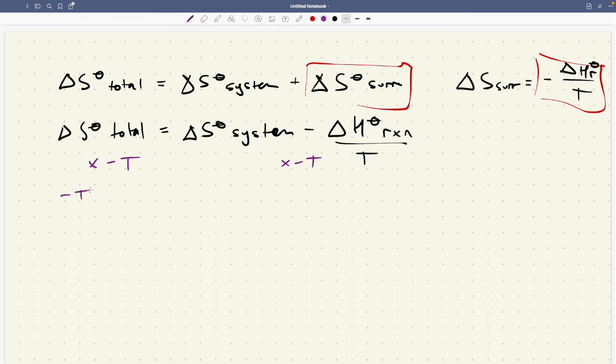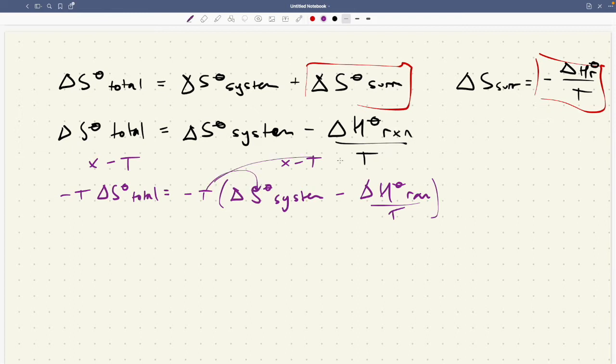We'll end up with minus T delta S of the total equaling minus T multiplied by the delta S of the system minus the delta H of the reaction over temperature. So we're going to multiply that by T to end up with minus T delta S of the system.